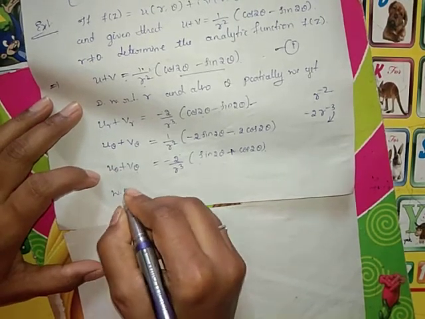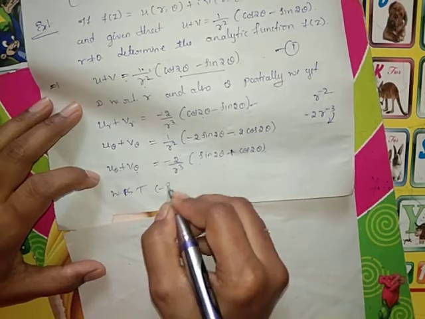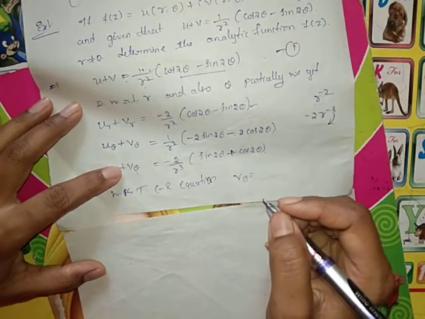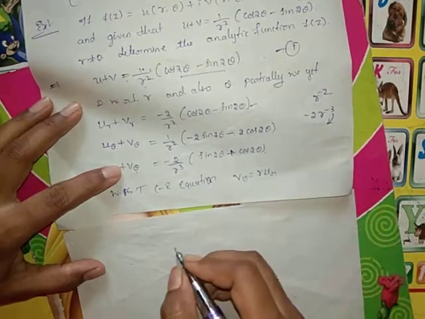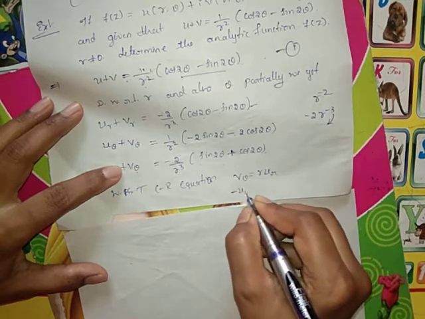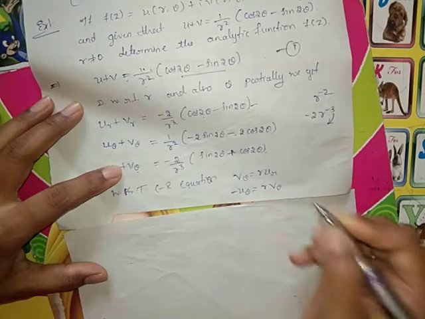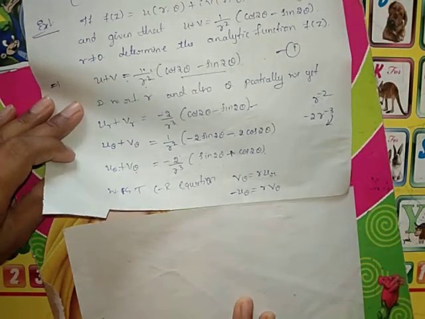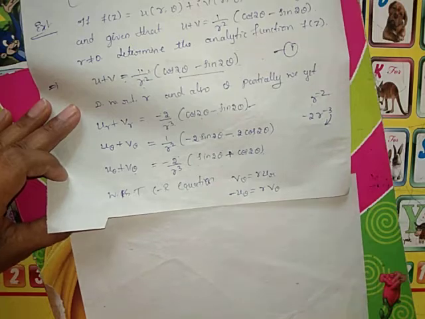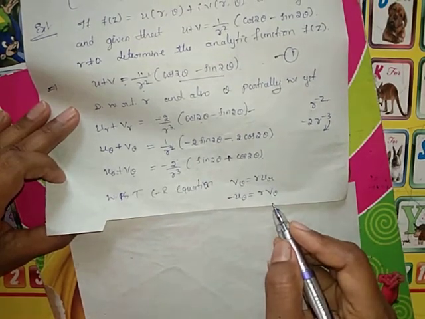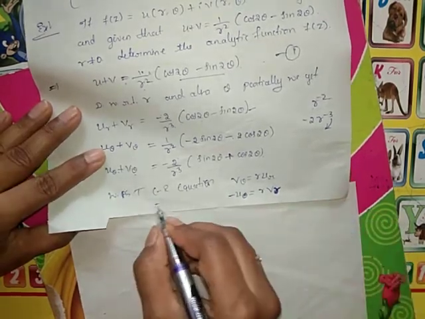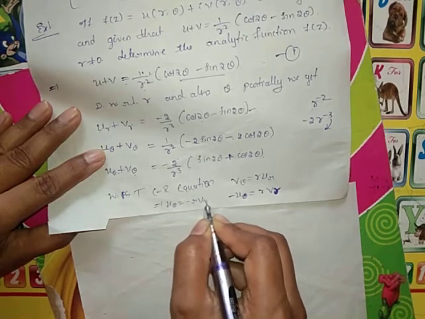We know that the CR equations are: v theta is equal to r into ur, and minus u theta is equal to r into vr, or else you can write u theta equal to minus r into vr.